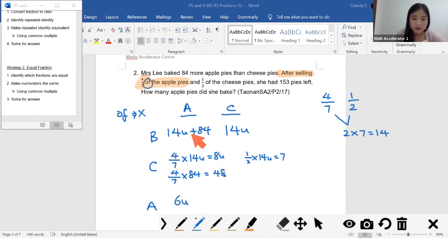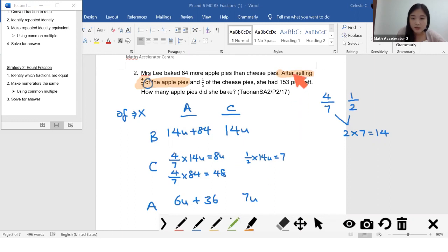How about the other portion of the apple pies? This 84 here, minus your 48, 36. How to get 6? Your 14 units here, minus 8 units. And then 84 minus 48. Okay, and then for the cheese pies, half of it is gone, so you're left with 7 units.